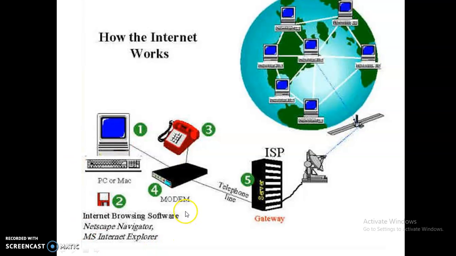Here you also need internet browsing software, that is the browser. To browse the internet, you need a browser. So the first thing is the personal computer, the second is the browser, and the third is the telephone line, which is the most important thing by means of ISP providers. For example, if you have a mobile phone, you have a network.